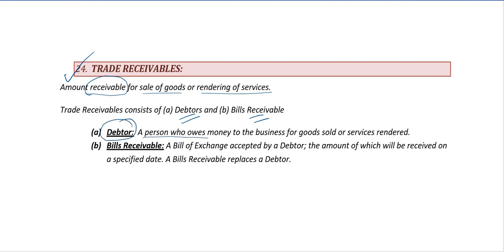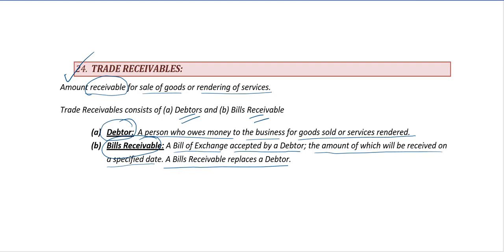A person who owes money to the business for the goods sold or services rendered. And what's a bills receivable? It is a bill of exchange accepted by a debtor, the amount of which will be received on a specified date. A bills receivable replaces a debtor.